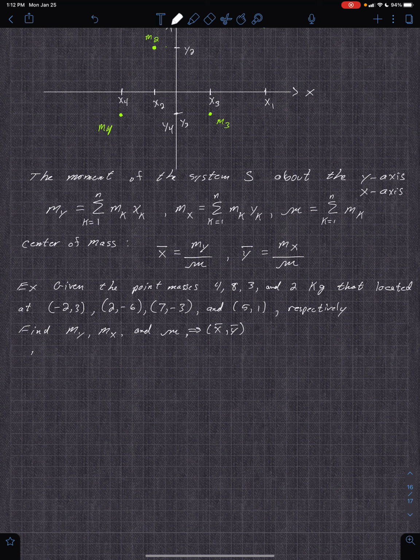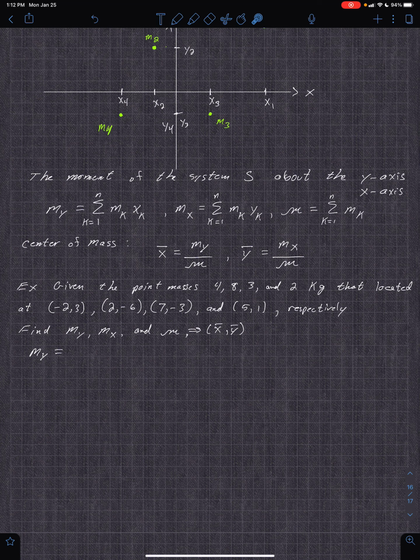So the moment about the y, I'll do it first here. You do the product of 4 times the x value, and then 8 times the x value, right?